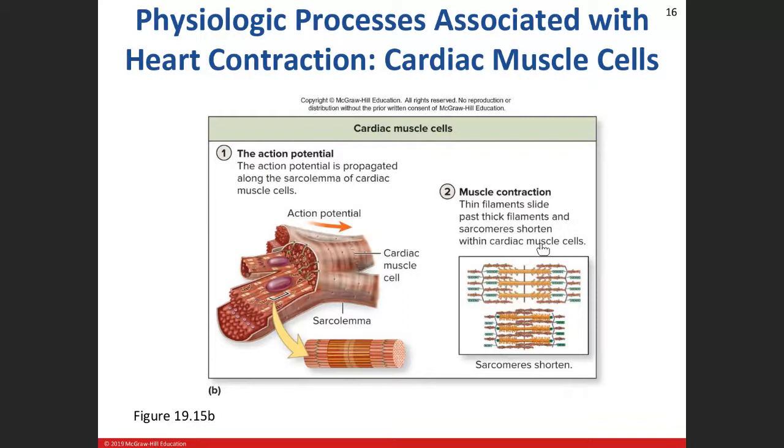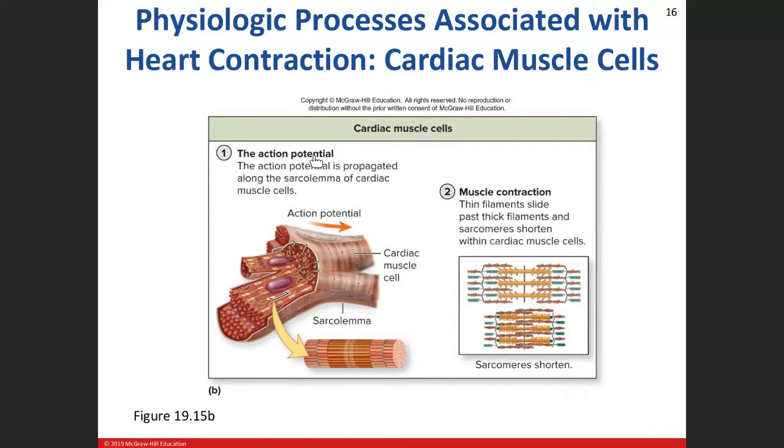The other cell that's going to be involved in this phenomenon is our cardiac muscle cell. It's going to receive the action potential. It'll also propagate the action potential, or foster it to move across the sarcolemma.